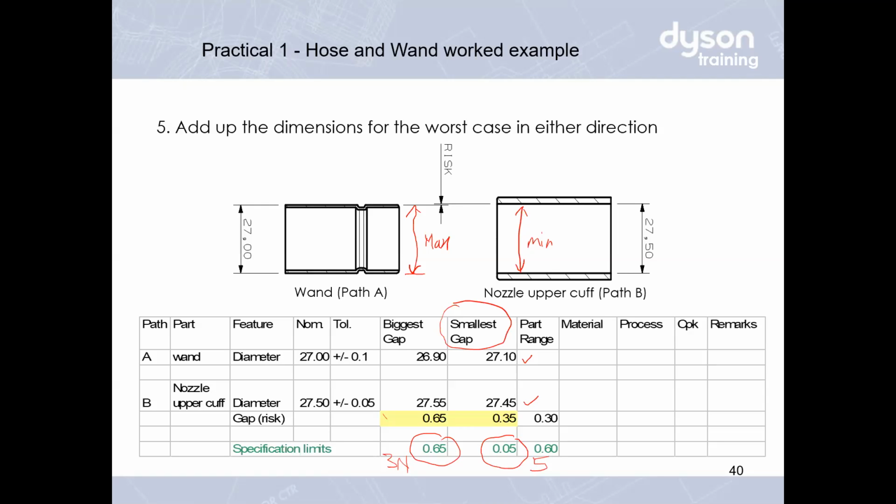The smaller the gap, the higher the force required. So the specification limit, the gap from 0.05 to 0.65, is derived from the system design. Okay, I recap from the initial.